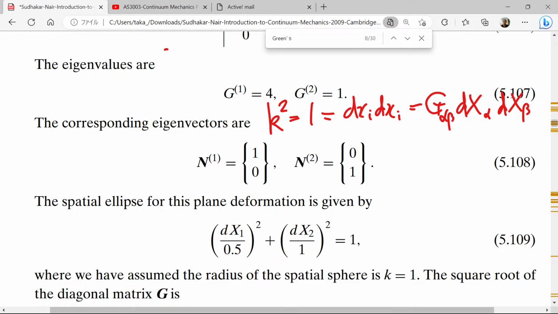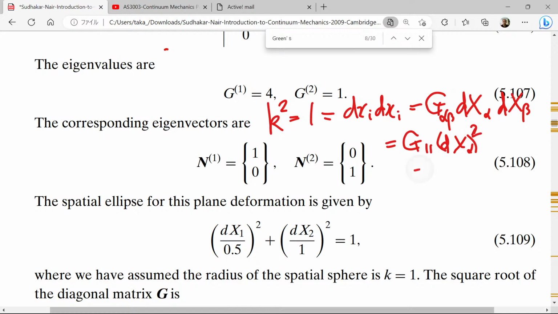So then alpha goes 1, 2, 3. So you just have G entry you have is G11, yes, which is dX alpha square.